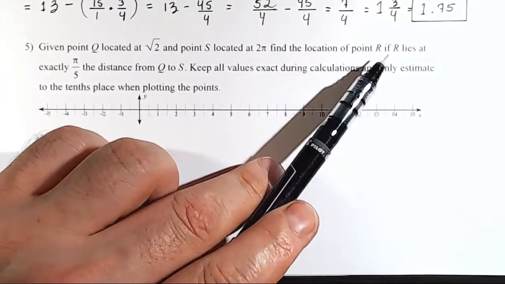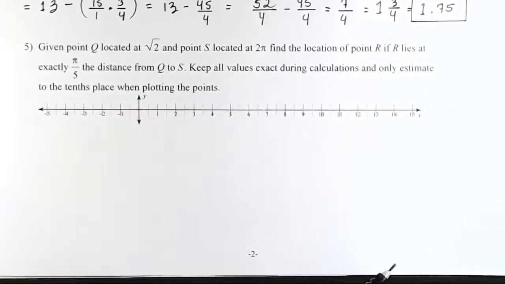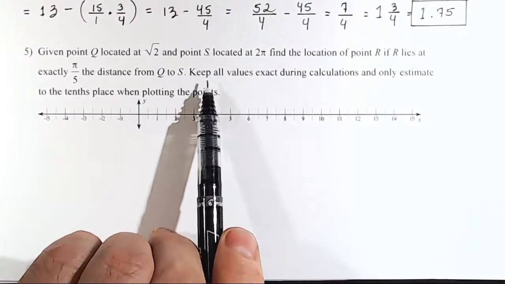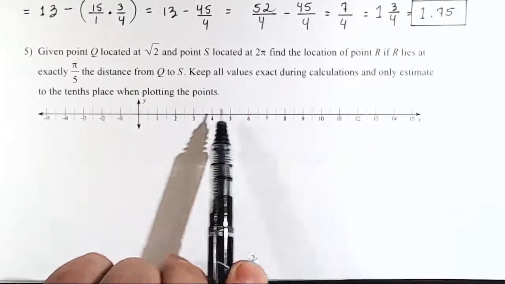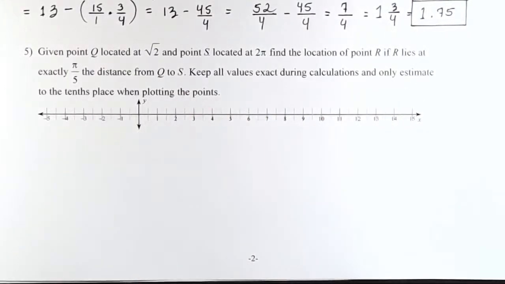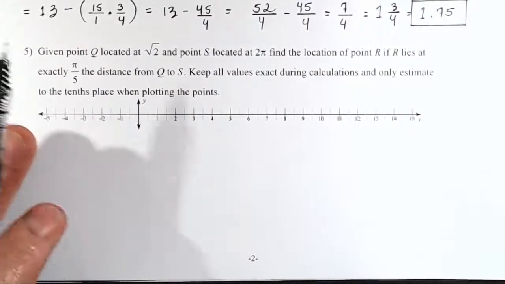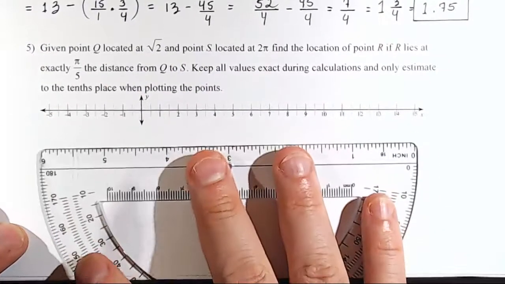Find the location of point R if R lies exactly pi over 5 the distance from Q to S. And I say here, keep all values exact. That means don't estimate these as you're doing the work. Only estimate to the 10th place when plotting. All right. So we'll wait to plot values. Okay? Let's just follow the logic.